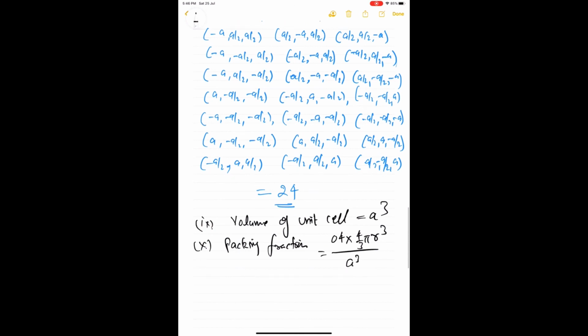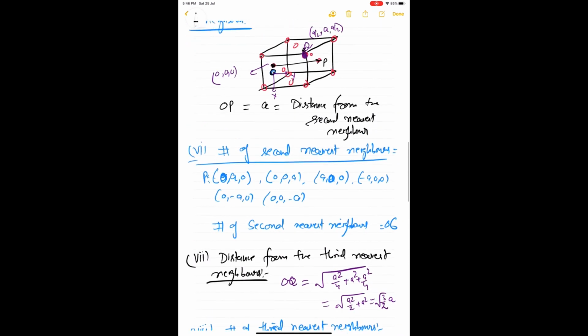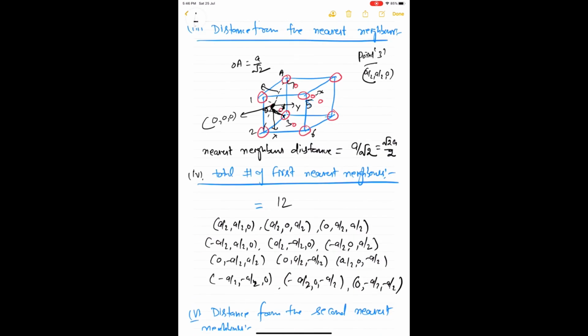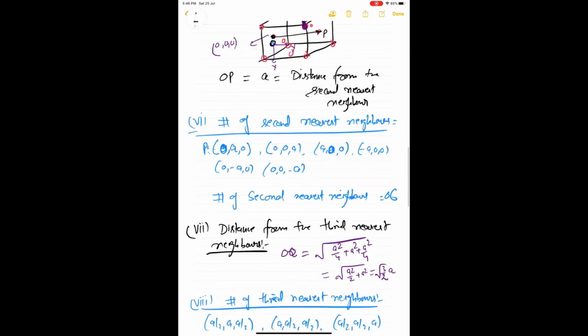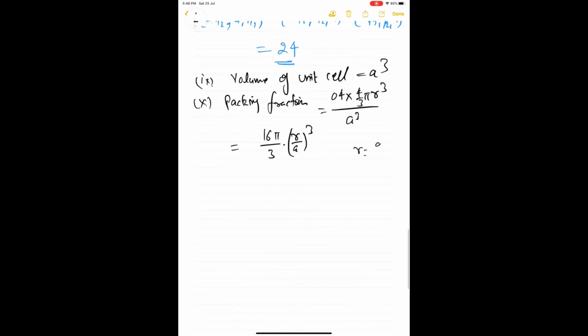And we know the relation between r and a as well. We have already found that r equals a by 2 root 2. If we plug this relation in, we ultimately get pi by 3 root 2, which is equivalent to 74%.